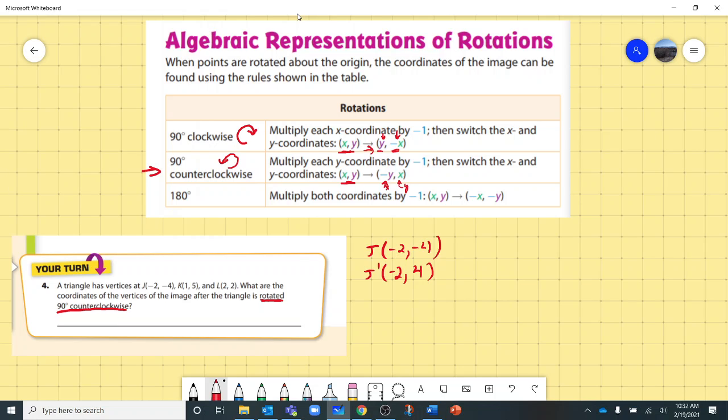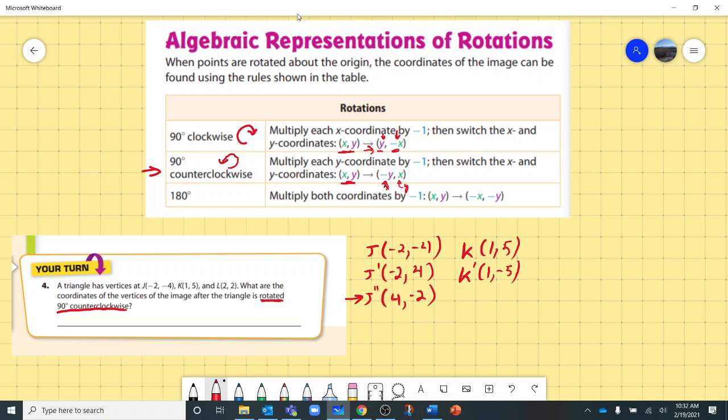And then I'm going to switch my x and y so that I finish the rotation off. And so this is my final J, the J double prime, (4, -2). Okay, and I'll do that with each of them. K, I start with (1, 5). Multiply my y value by -1.